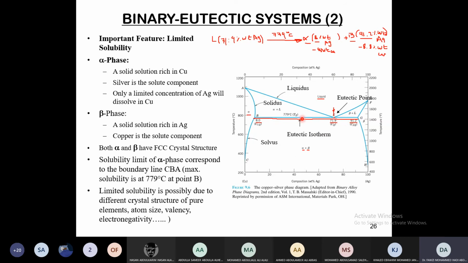It intersects the alpha phase boundary, so you get the composition of the alpha. And it intersects the beta phase here, so you get the composition of the beta. The higher composition is the composition of the beta, and this composition is the composition of the alpha. This is how we are getting it. Did I answer your question?